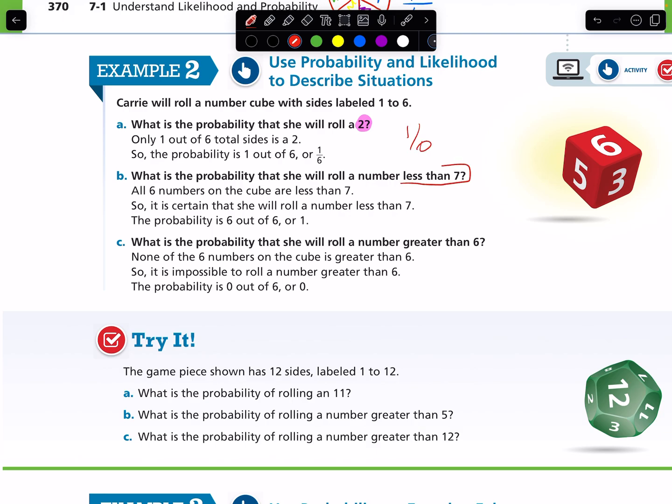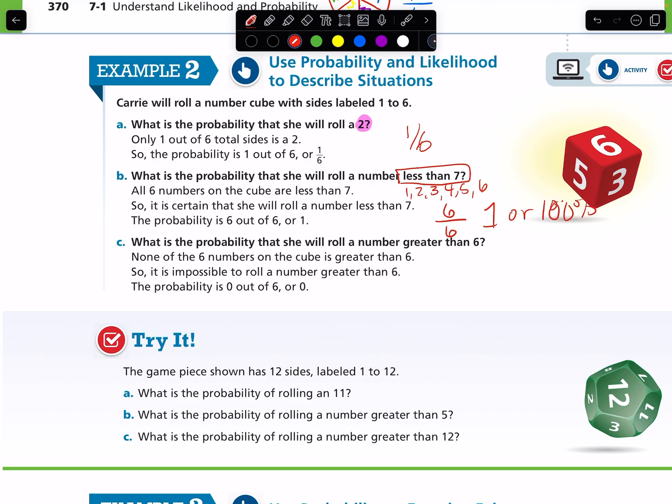This one, a number less than 7. Well, how many of the numbers that we roll are less than 7? If you need to list them, please do so. But all of those will get listed because there are 6 ways out of the 6 ways that will be less than 7. So it is 1, or you might call that 100%.